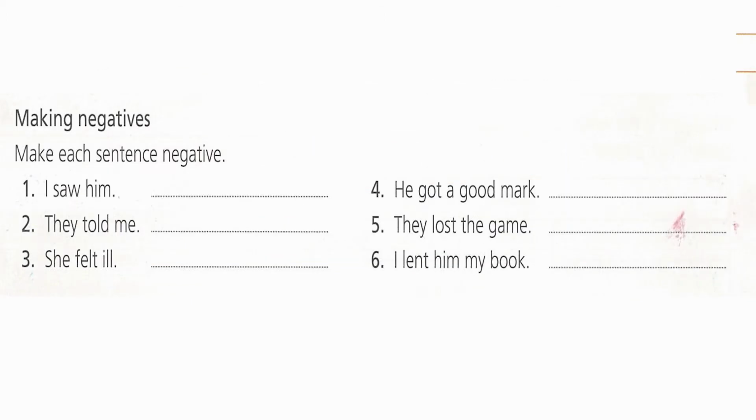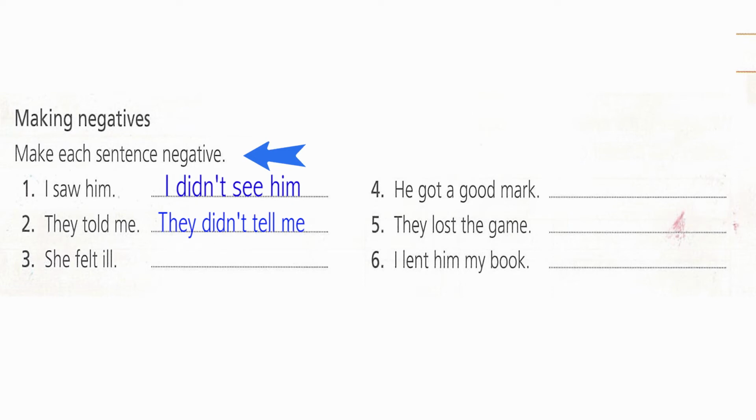We have some affirmative sentences in front of you on the screen, and we will make them negative. As you can see, I saw him. I didn't see him. They told me. They didn't tell me.